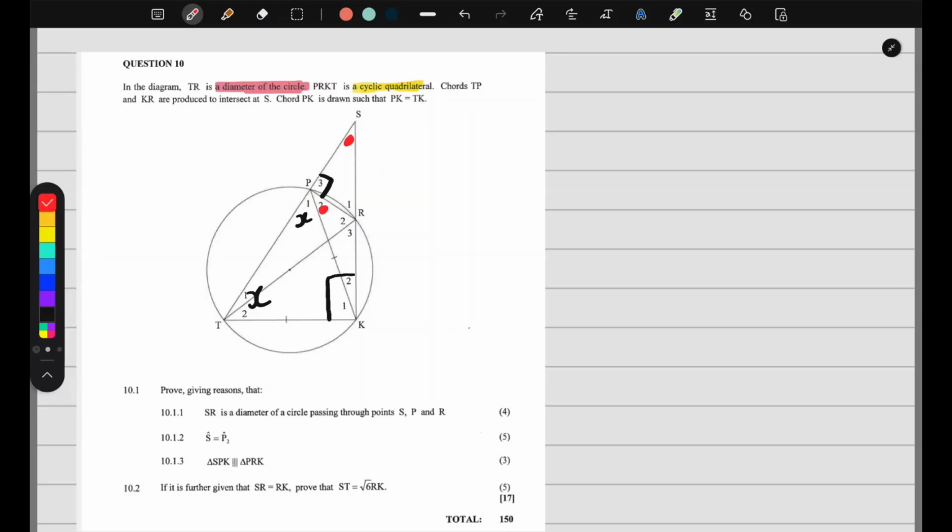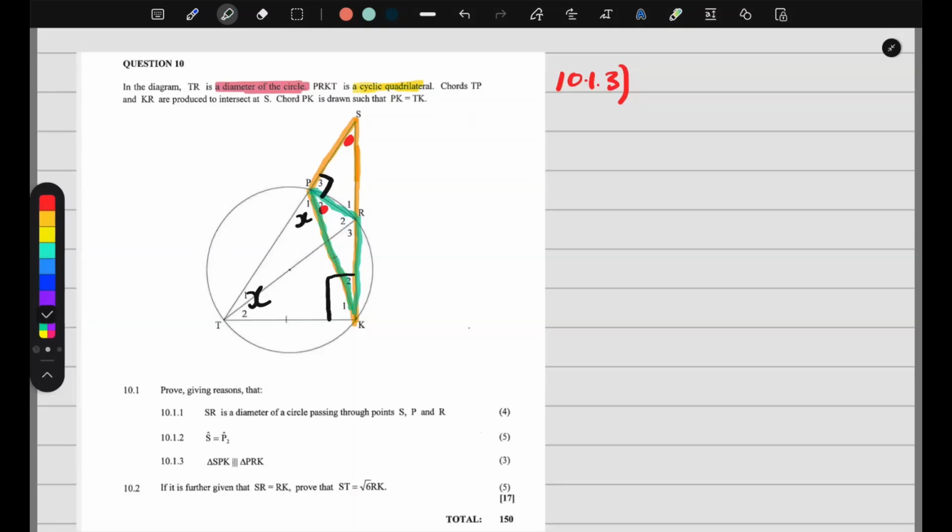Okay, let's look at the next question. 10.1.3. Prove that triangle SPK is similar to triangle PRK. Can you see the one triangle is inside the other?